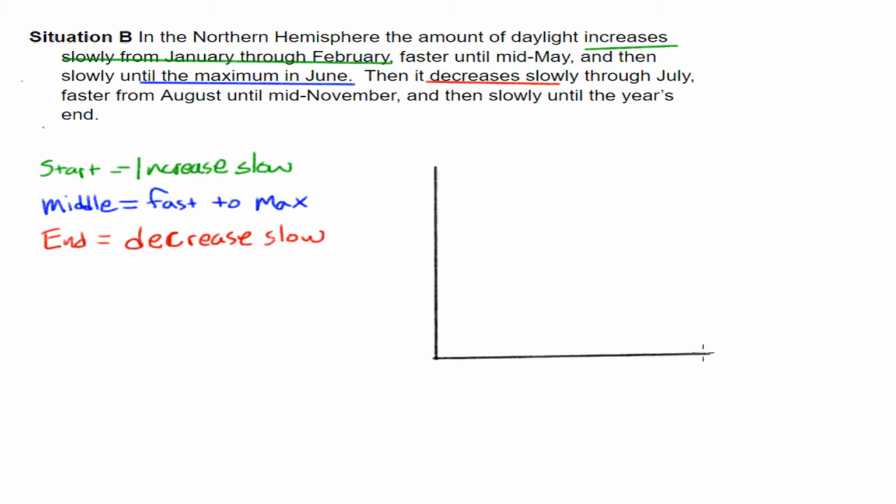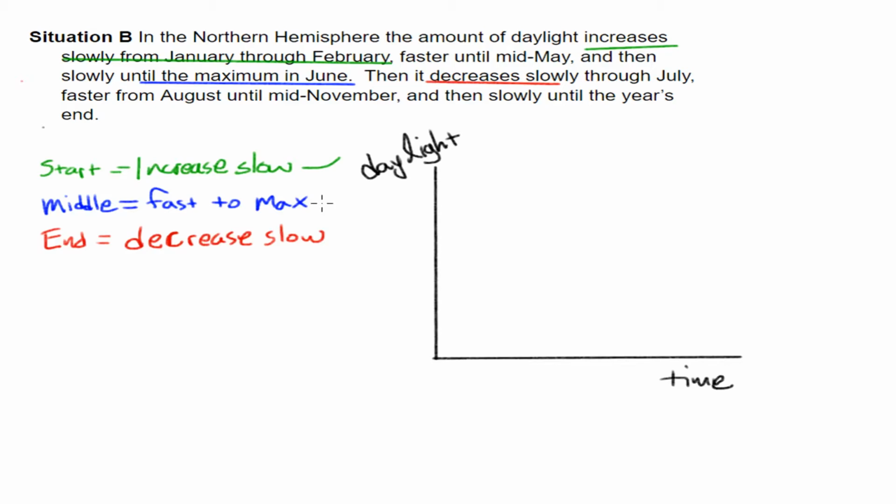Now, if I was going to try and graph this out, what I would do is I would have my y and my x here. Now, obviously, x is going to be time, and y is going to be daylight, probably in hours. So if I start off with an increase slow, that's probably going to look something like this, or maybe increasing a little bit more like that. So I'm going to increase slow.